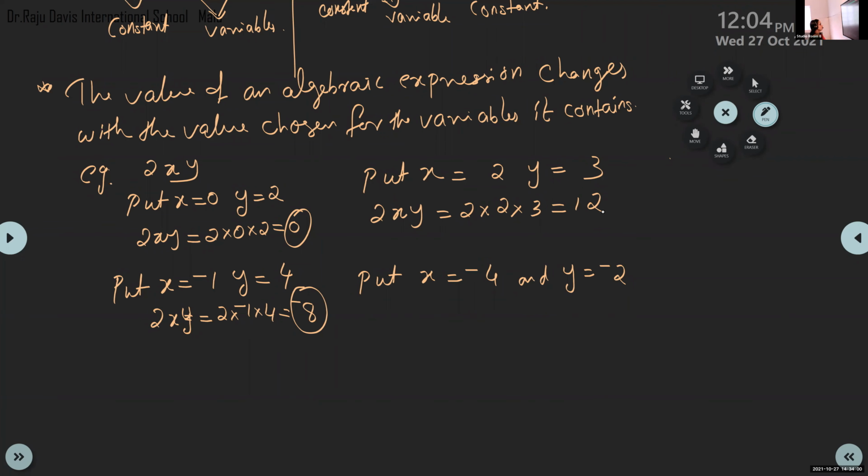Friends, what's the value of 2xy when x equal to -4 and y equal to -2? Given x equal to -4 and y equal to -2, then find 2xy.